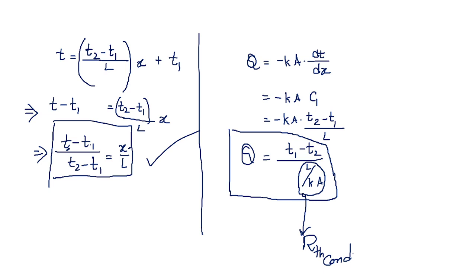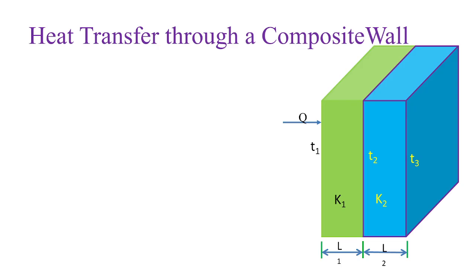Is this a derivation, sir? Yes. So now let us see the composite wall condition. Composite wall means when two different materials are joined together, then we will come across these composite walls.